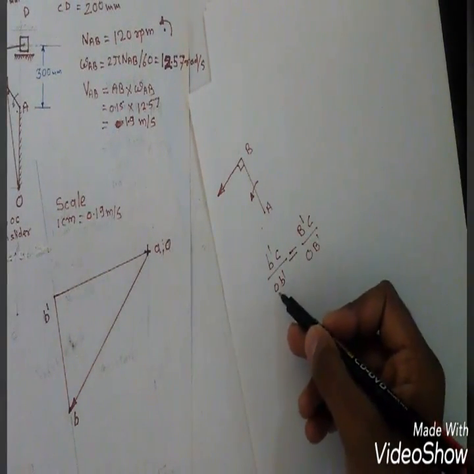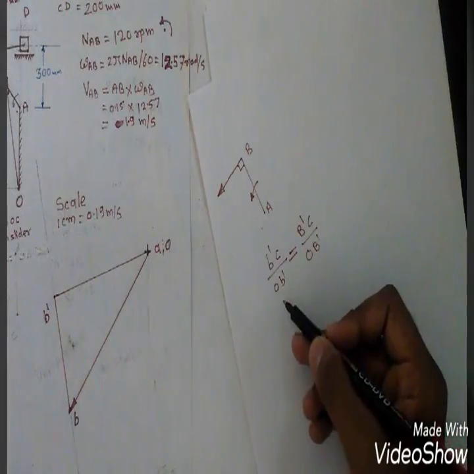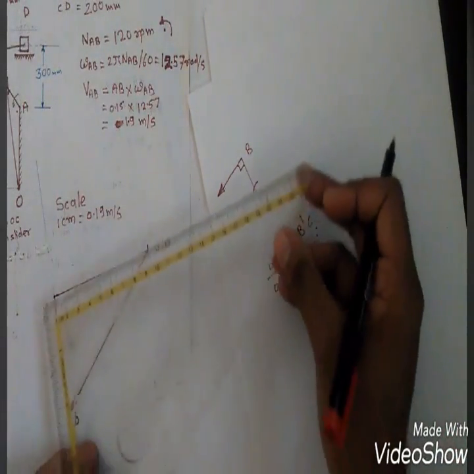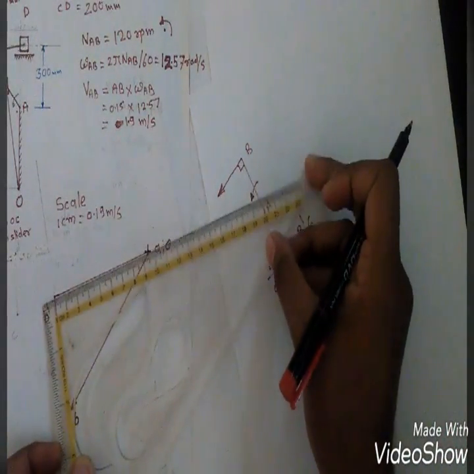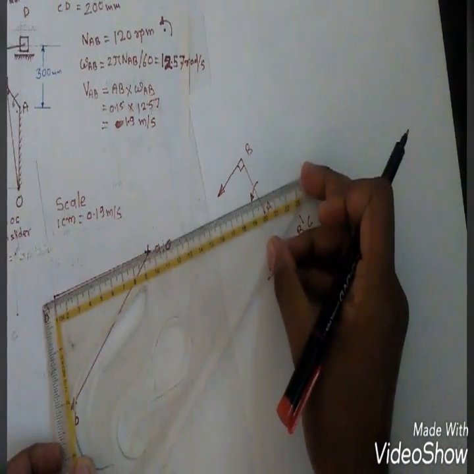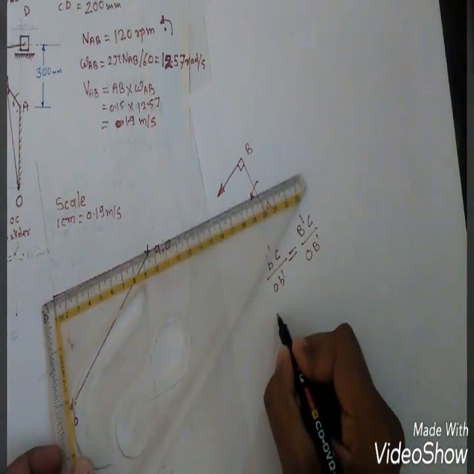The small OB dash distance we can measure directly from the velocity diagram. We can measure it here. It is 8.4 centimeter.